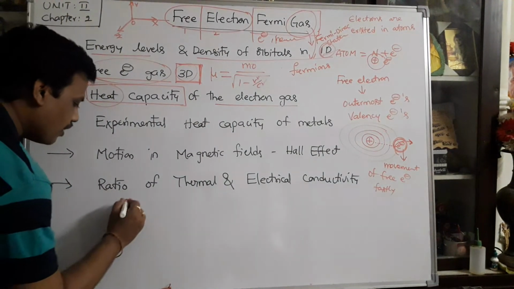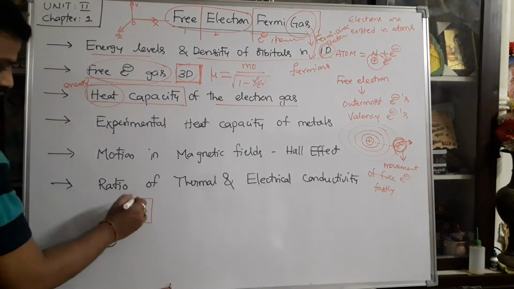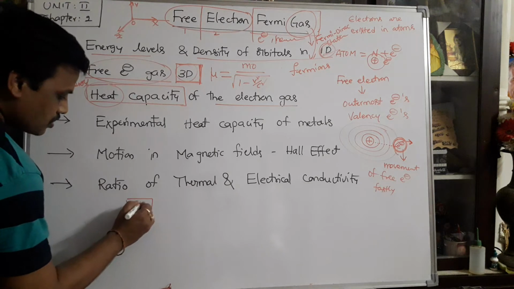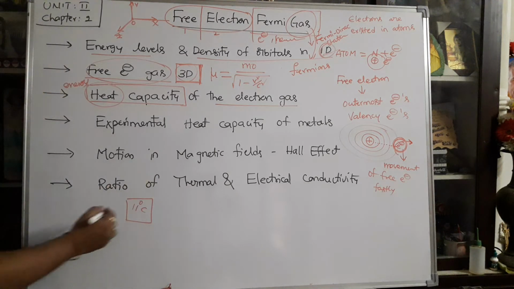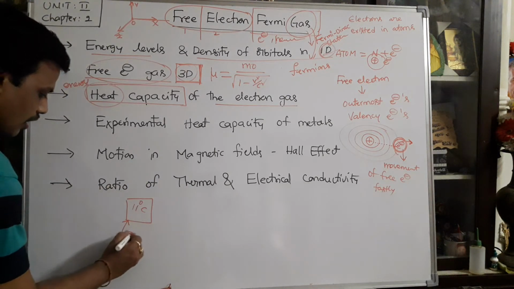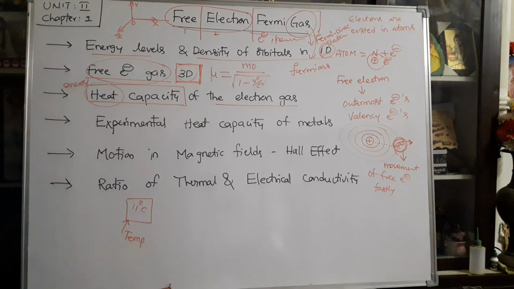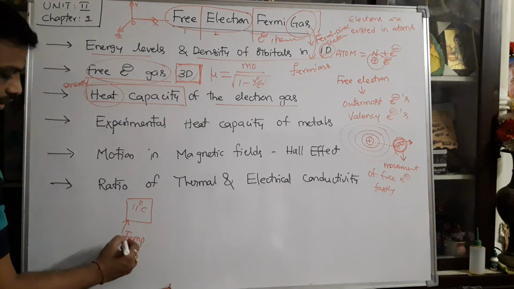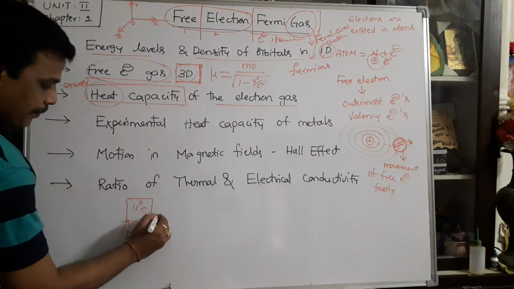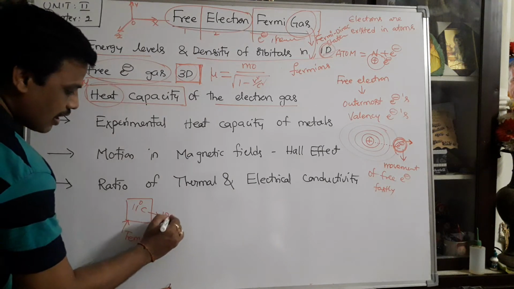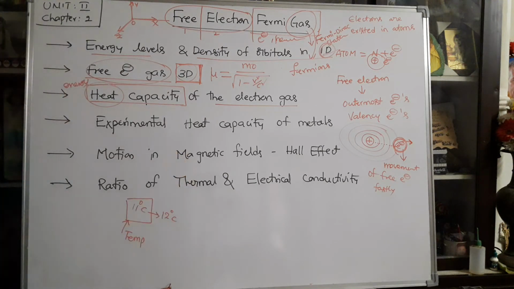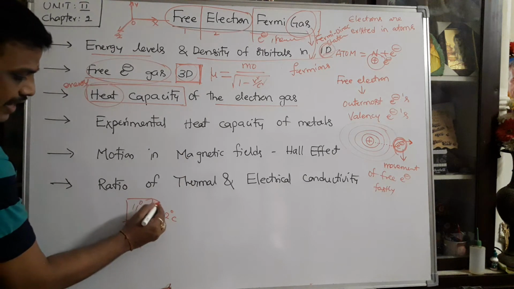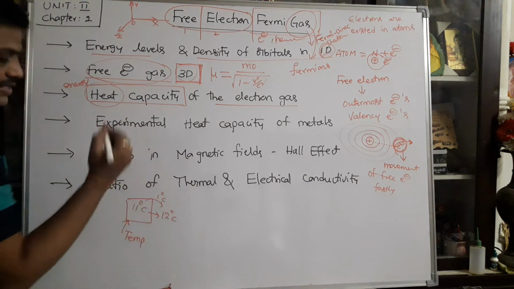Suppose you have the Fermi electron gas, existing at, say, 11 degrees centigrade. You can give heat energy by raising the temperature, so the temperature of the body changes from 11 degrees centigrade to 12 degrees, nothing but the temperature raised by exactly 1 degree centigrade.